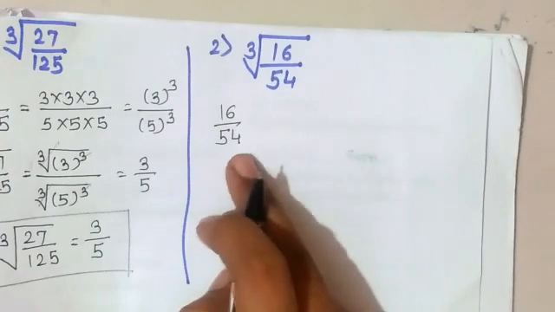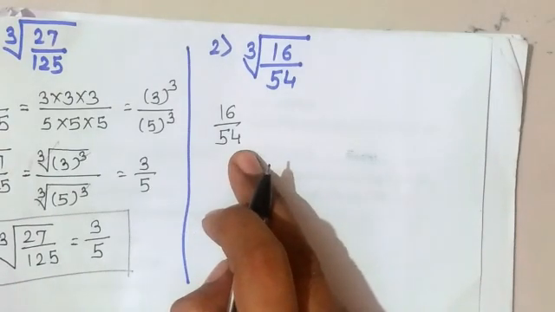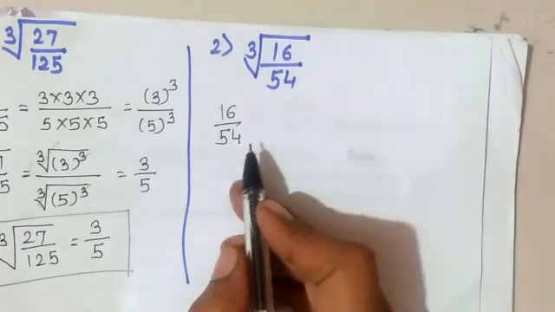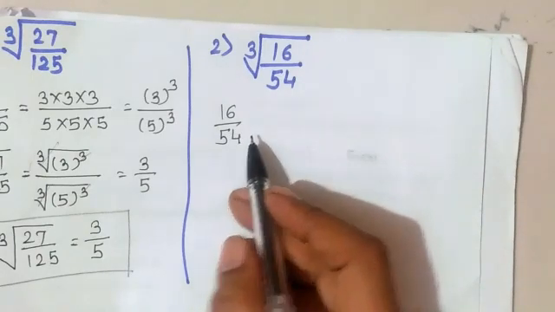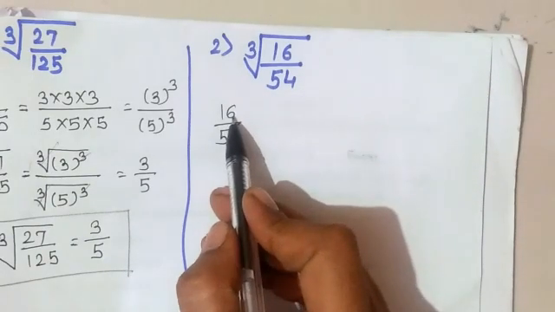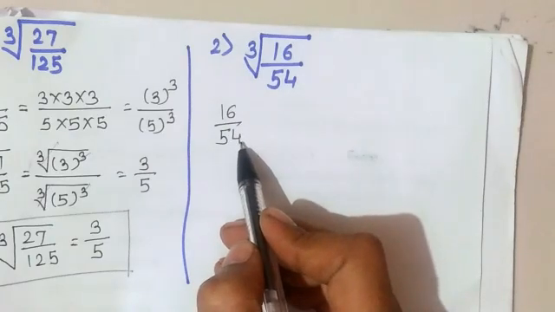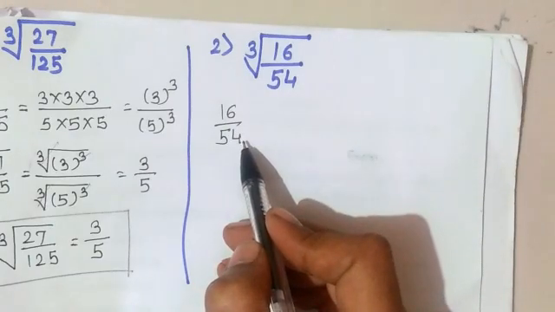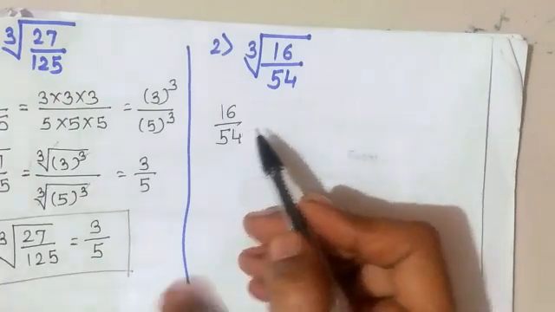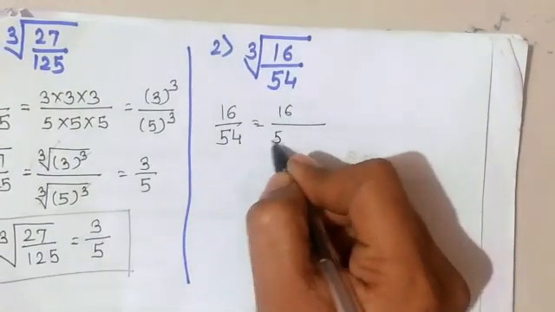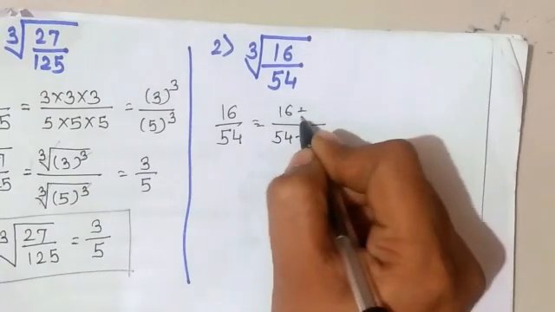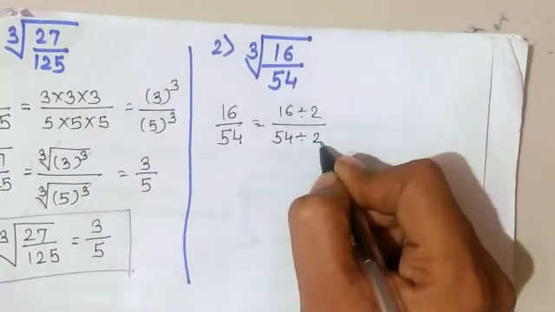If you observe this fraction properly, then you can get an idea that we can easily find its shorter form. It means equivalent fraction. As 6 is at unit place and 4 is at unit place, it means by using the number 2, we can divide both numbers. So what we can do? Write the number 16 upon 54 and we can divide both numbers by 2.